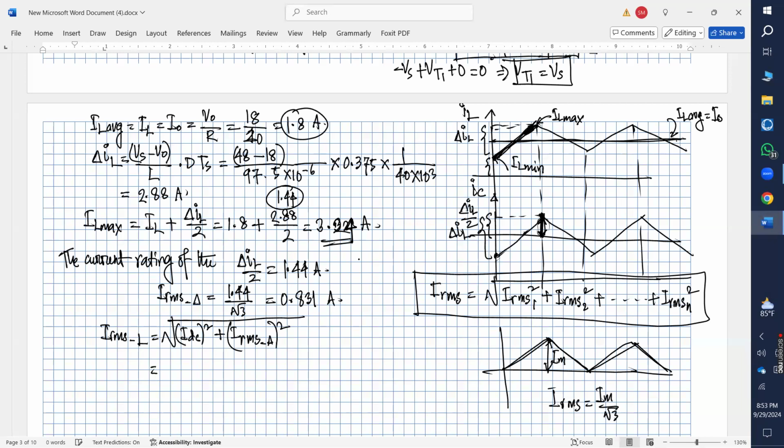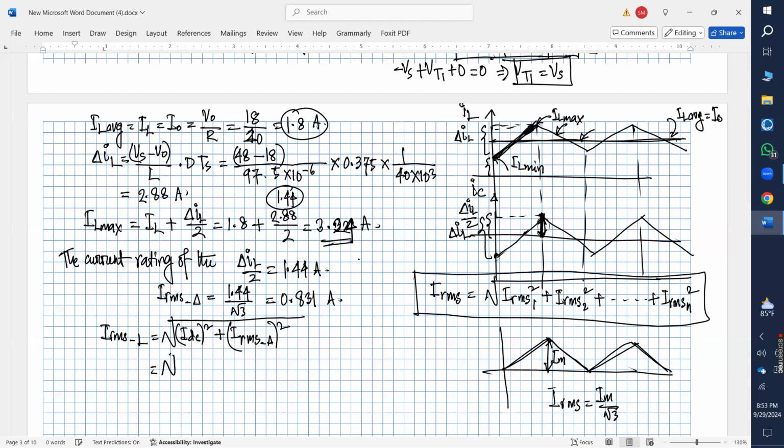Because we have only two components in the inductor current, this DC component and this triangular component.